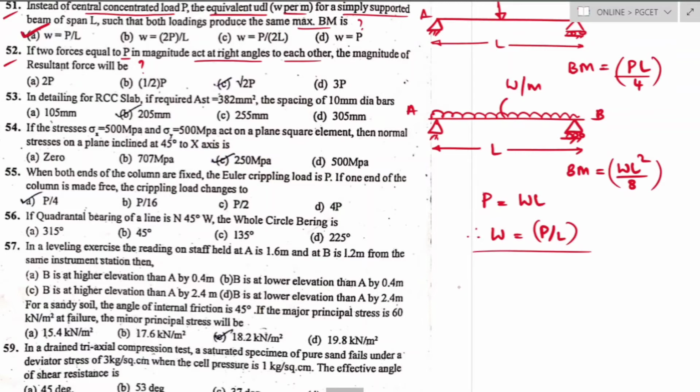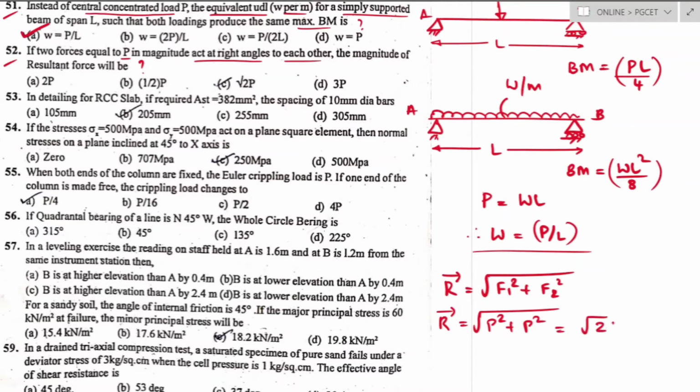Then the magnitude of the resultant force is given by square root of F1 square plus F2 square. Since both the forces are equal in magnitude, that is P square plus P square, the resultant force is equal to root 2 P. So option C is the right answer, that is root 2 P. As the two forces are at right angles to each other, the resultant force must be in the same plane of the two forces.